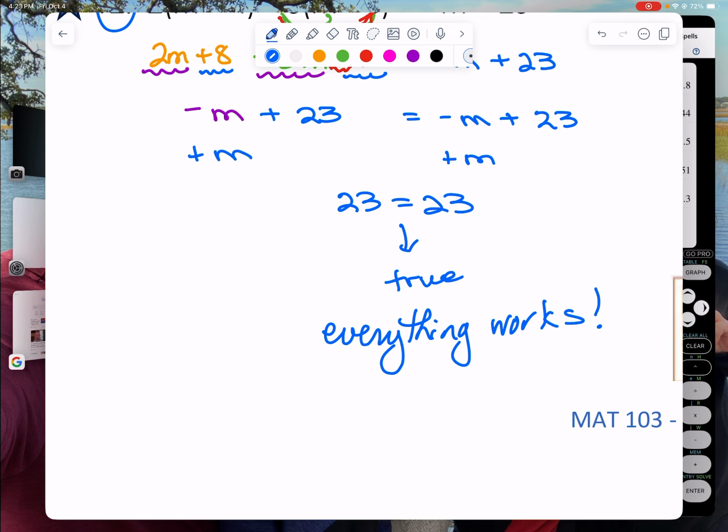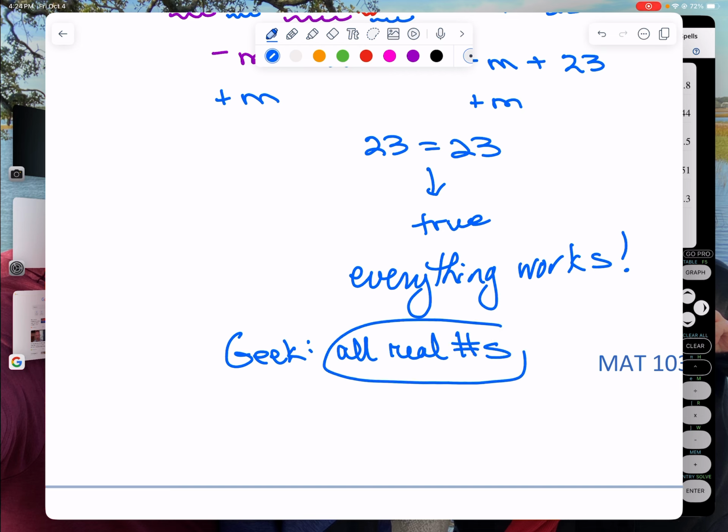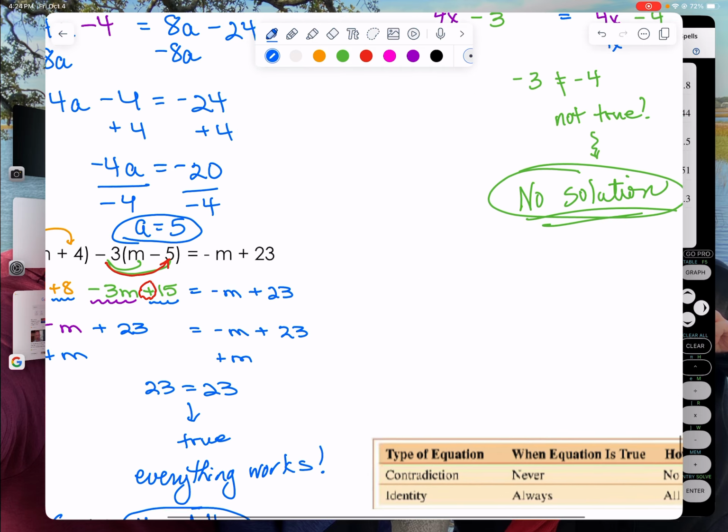Okay, the problem is my lab won't let you say everything works. My lab will say, well, honestly, I say all real numbers. All real numbers. So you can write all real numbers on your test because my tests are not in my lab. So you can write all real numbers and you can write no solution.